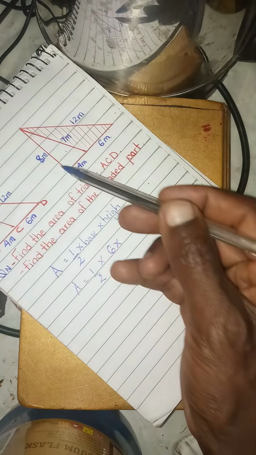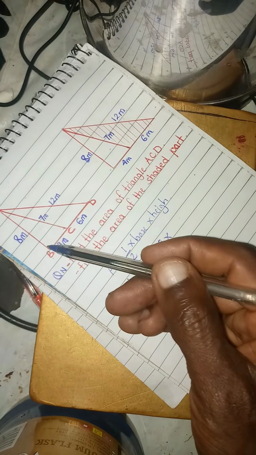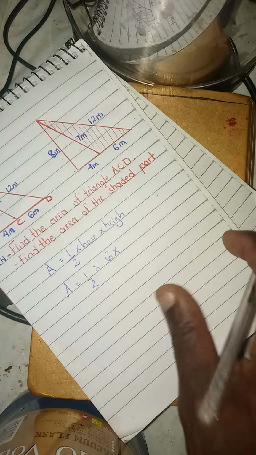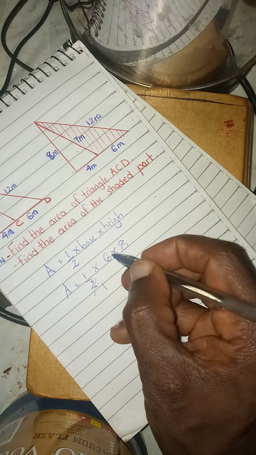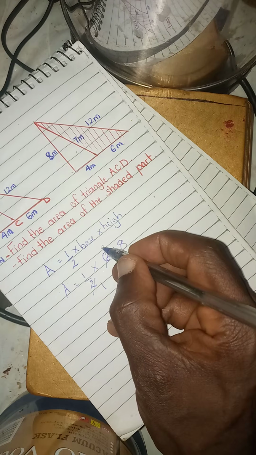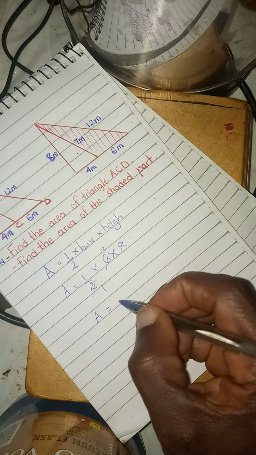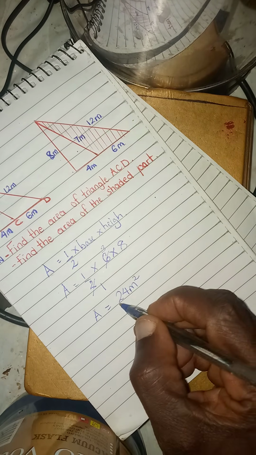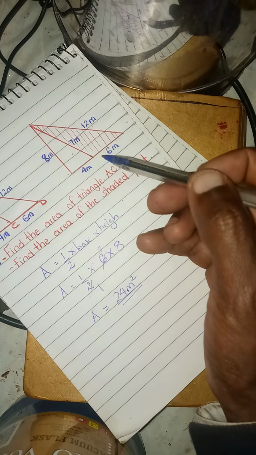We shall use this height, which is 8 centimeters. That is the height of the triangle. So one half times 6 times 8, we say 2 into 6 is 3, then 3 times 8, and you get 24 squared units. As simple as that. That's how we get the area of that shaded part.